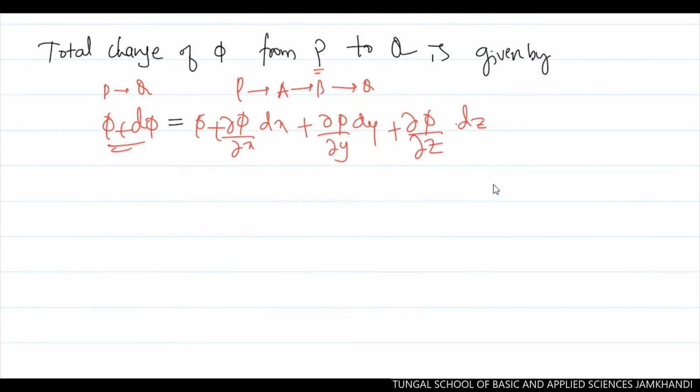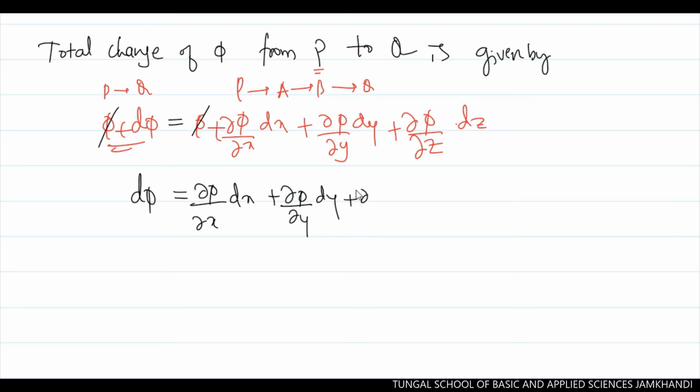Now I can cancel these two phi functions, and I am left with d phi equal to dou phi by dou x into dx plus dou phi by dou y into dy plus dou phi by dou z into dz.